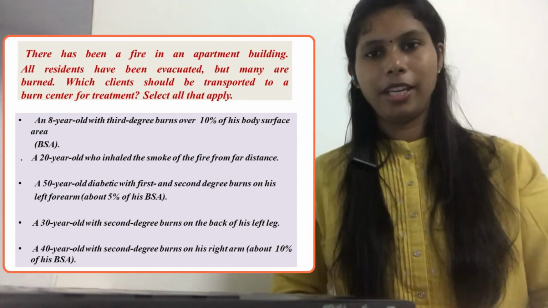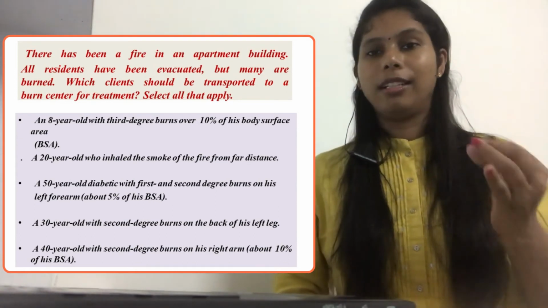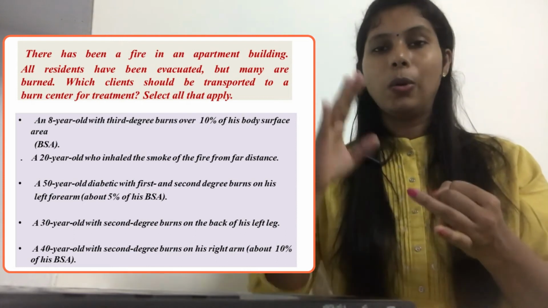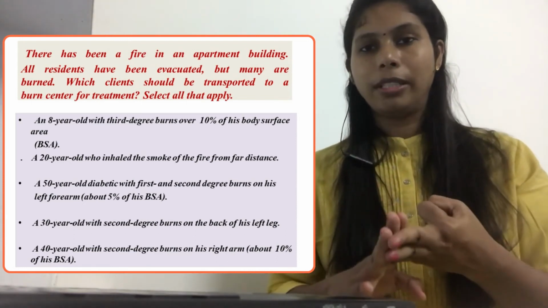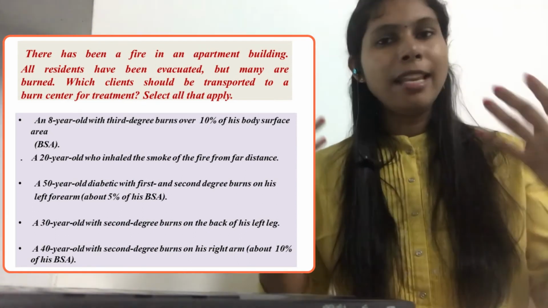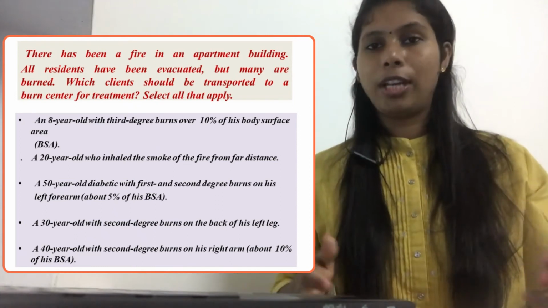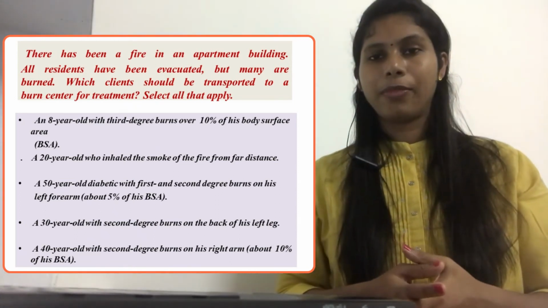Then another point: the client who is a known case of diabetes, or who has some cardiac or kidney problems, or who has some other arterial problems, at any age, they might be below 10 or more than 60, they might be 35 years, whatever it is.